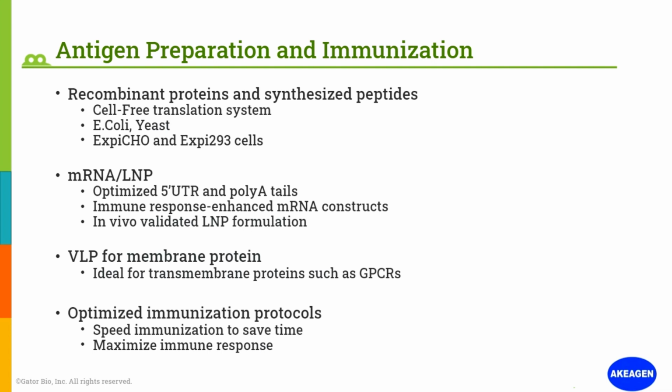Those are also very good antigens to give a high immune response and titers, and also others like virus-like particles. Because we can generate a large number of camel mouse animals for immunization, we can optimize the immunization protocol either to save time or to increase the immunization titer.